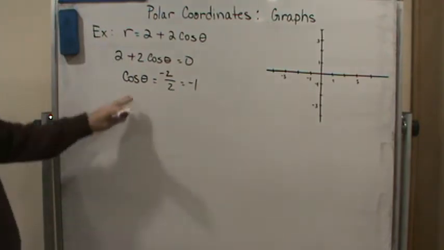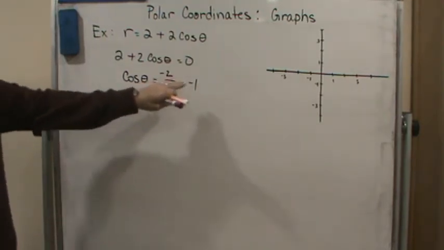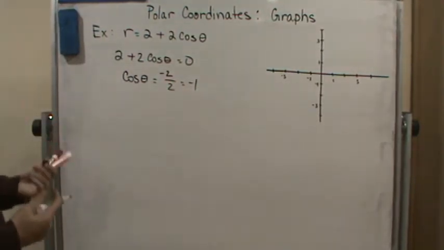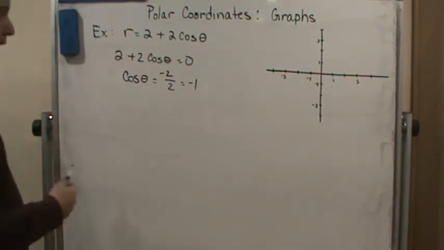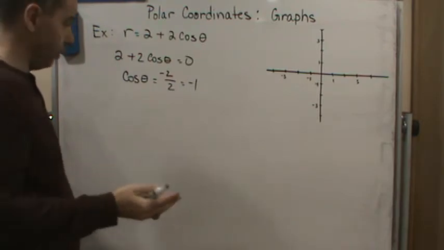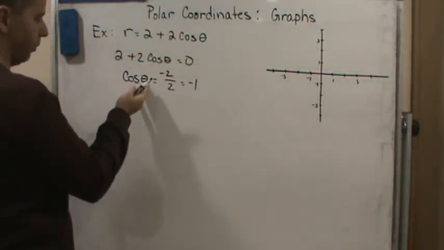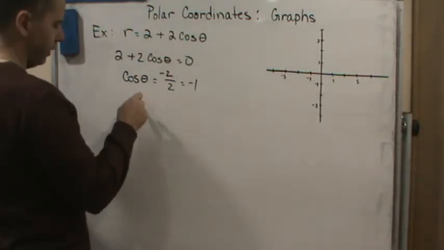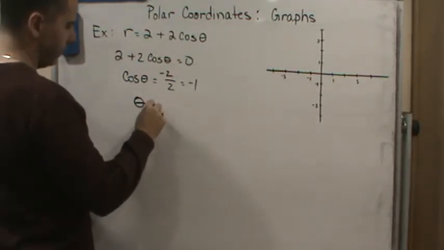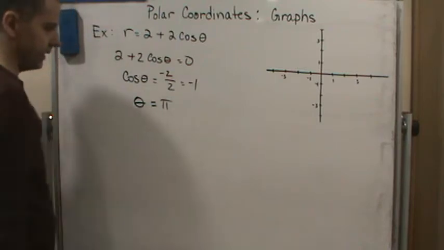Okay, so when is cosine theta equal to negative 1? At what angle does that occur? Well, we know it's positive 1 when theta is 0. It becomes negative 1 when theta is equal to pi.